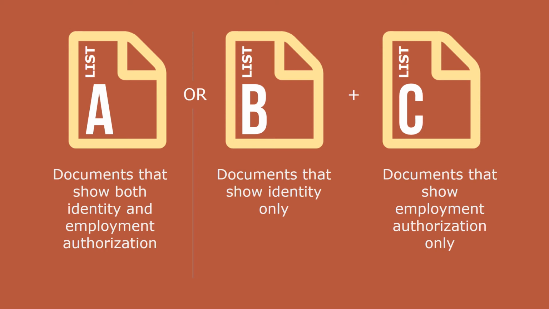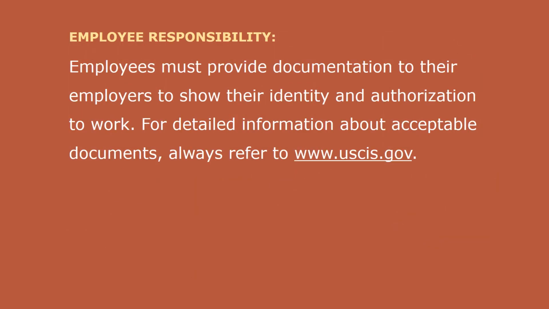List B documents show only identity, and List C documents show employment authorization. For detailed information about acceptable documents, always refer to www.uscis.gov.